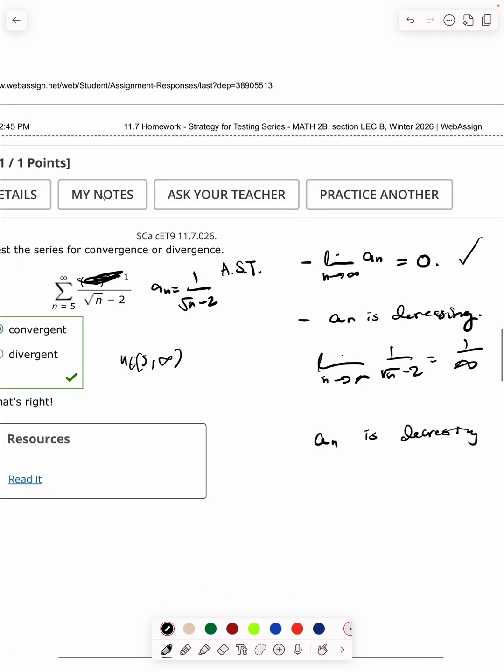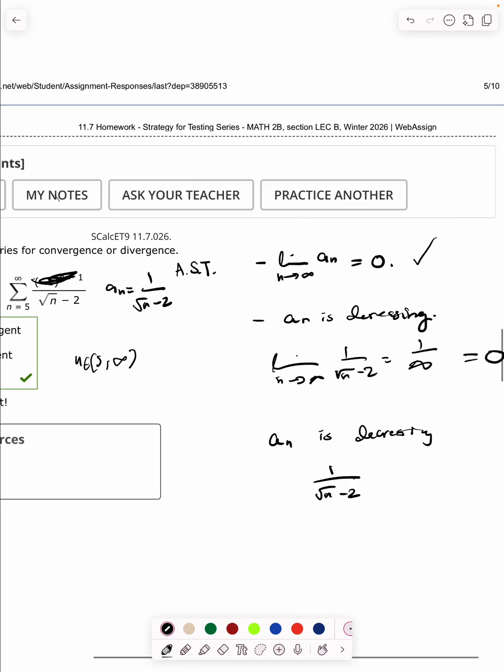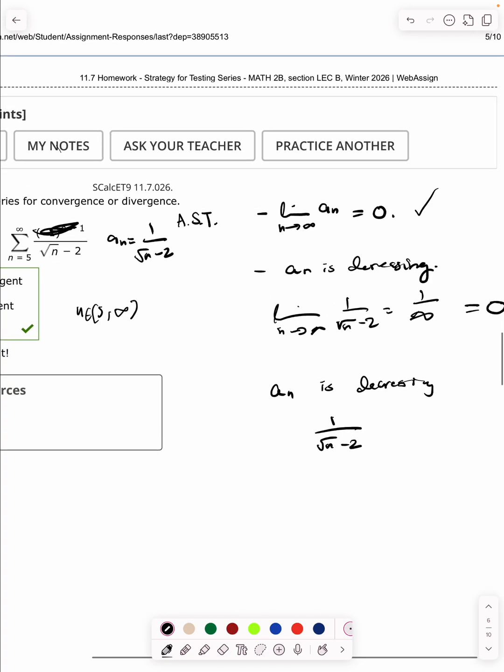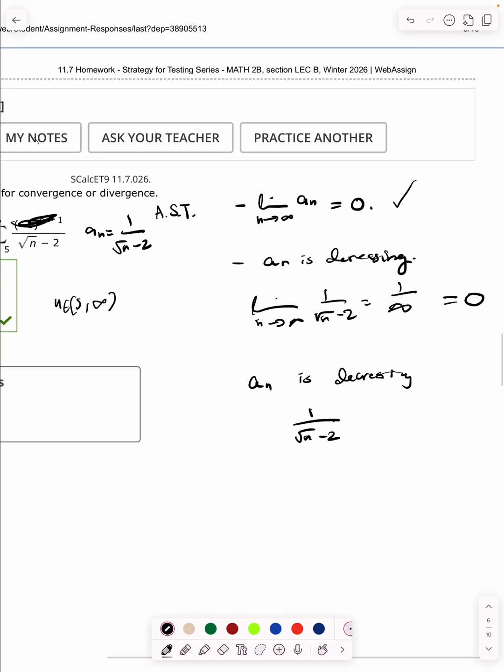So let's check the derivative. 1 over root n minus 2 should be a chain rule derivative. So I rewrite this and do a chain rule, so 1 over root n minus 2 squared times 1/2 n to the minus 1/2.